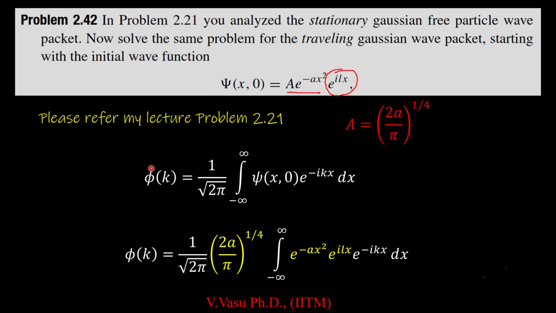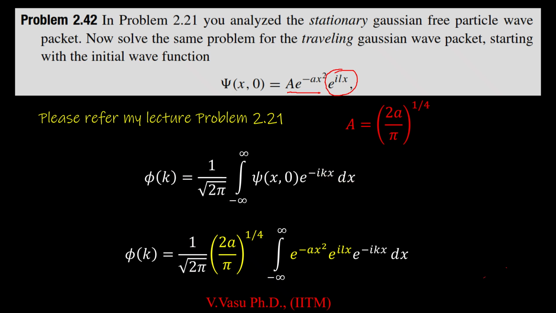Then, in order to find the time-dependent wave function psi of x and t, we need the wave function psi of k. Of course, this is the amplitude of wave modulation. This is called Fourier transformation, which is equal to 1 over square root of 2 pi integral from minus infinity to plus infinity psi of x and 0 e power minus i k x dx.